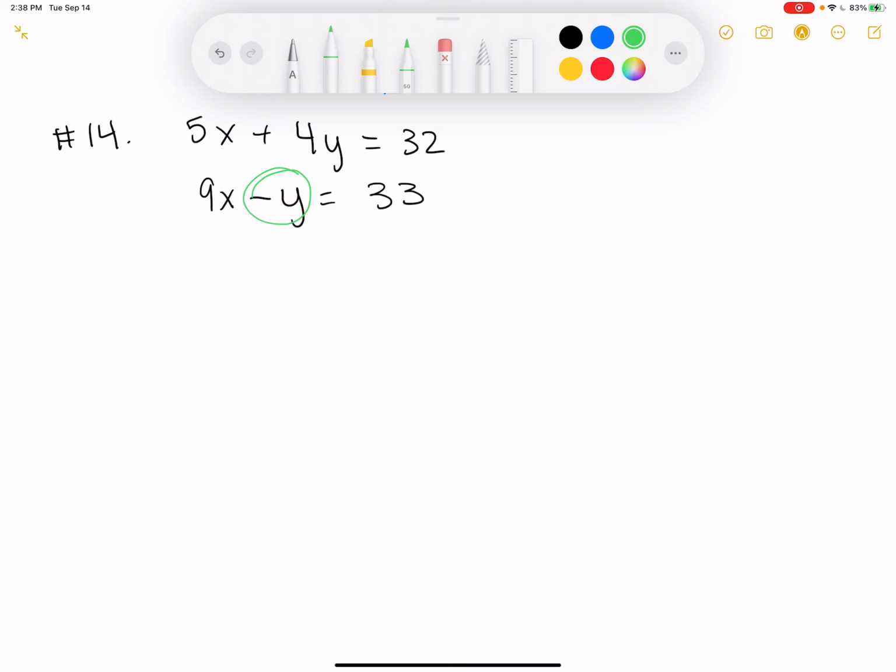Wait, do we subtract 9x? Okay. And then do your division of the negative. Yeah. I did 9x. Dang. That was a 5x. It is a 5x.